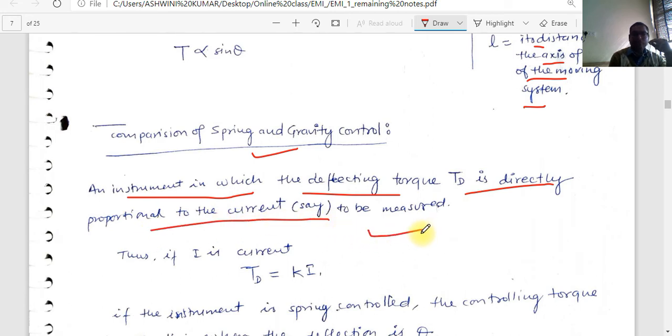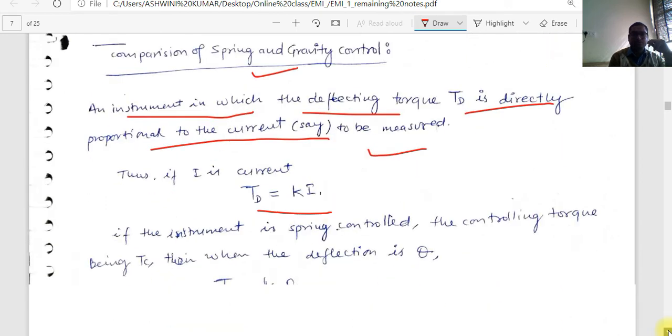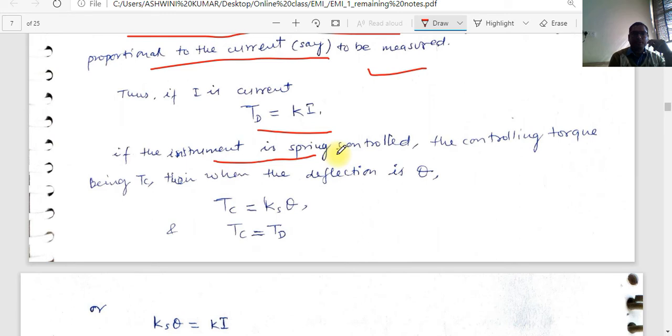Suppose we have to measure the current I. The deflection torque Td is equal to K into I. If the instrument is spring controlled, the control torque being Tc, then when the deflection is theta, Tc is equal to Ks theta.